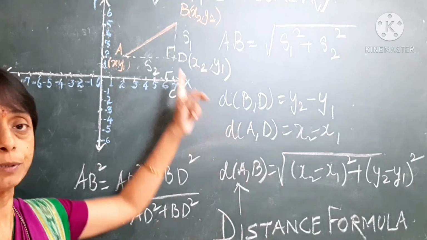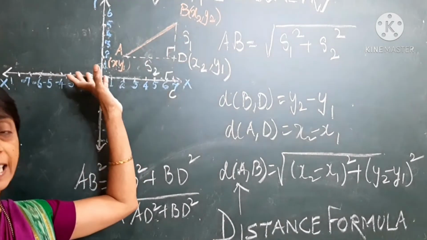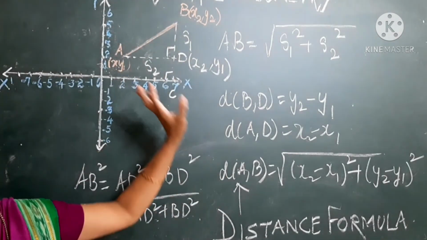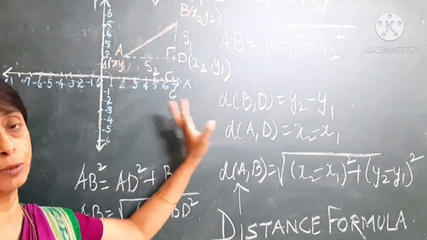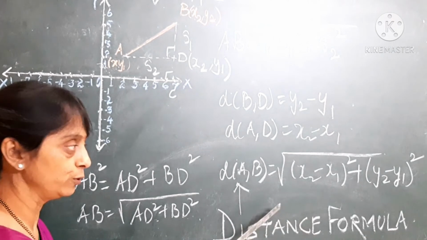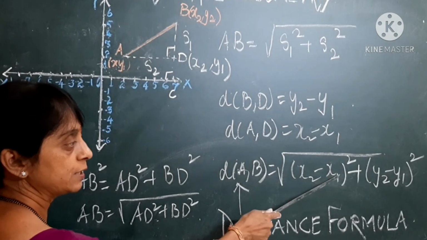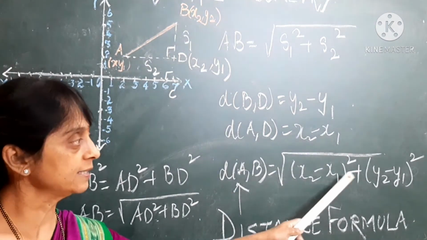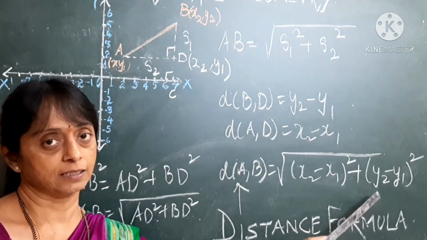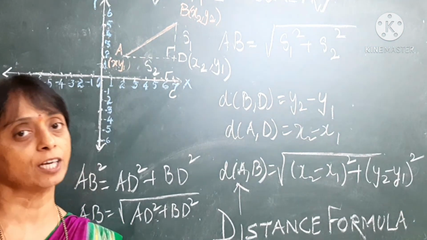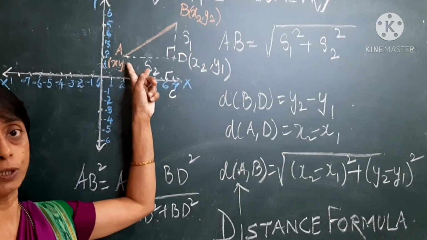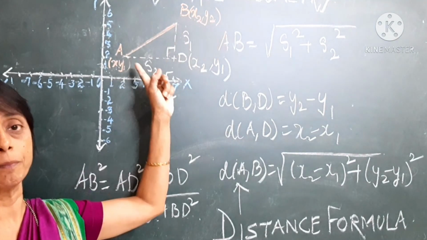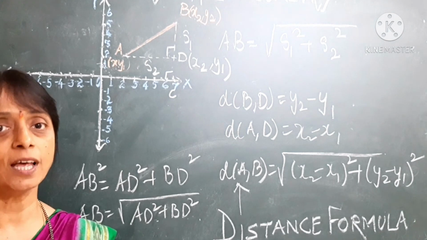It is the distance between any 2 points lying in any quadrant in an xy plane, and the formula is: distance between those 2 points is equal to the square root of the square of the difference between the x-coordinates plus the square of the difference between the y-coordinates, that is square root of x2 minus x1 the whole square plus y2 minus y1 the whole square.